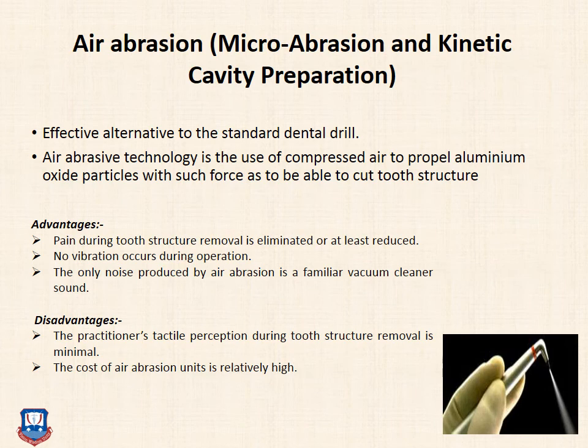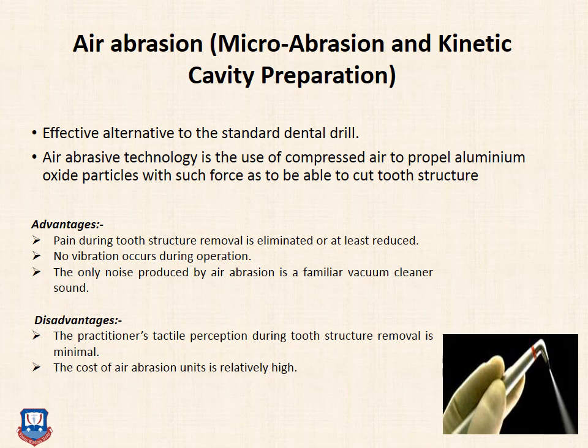Next we move on to air abrasion or micro-abrasion and kinetic cavity preparation. This is an effective alternative to the standard drill, and it uses aluminum oxide particles to cut the surface of the tooth structure. These aluminum oxide particles come at high speed and cut the tooth structure.